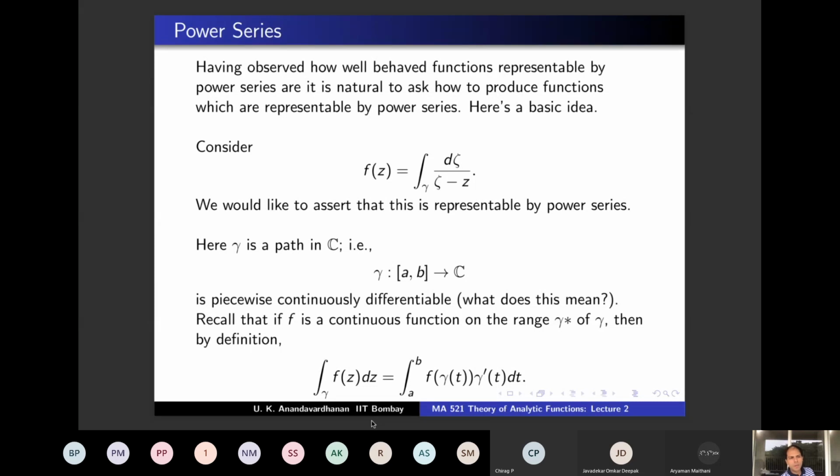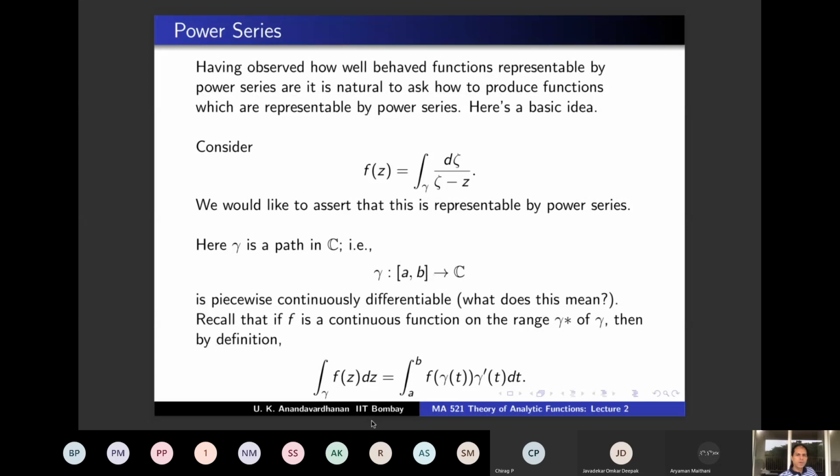If there may be two students who haven't done measure theory, doesn't matter, it's your Riemann integral. Because we are assuming continuity, it's Riemann integrable, and the Lebesgue integral, which you will do a bit later, coincides with the Riemann integral. So this was your definition. You must have done all these things, I'm sure. By definition, the integral of f(z) dz means the integral from a to b of f(gamma(t)) gamma prime(t) dt. It's just one variable integration on the closed interval [a,b].